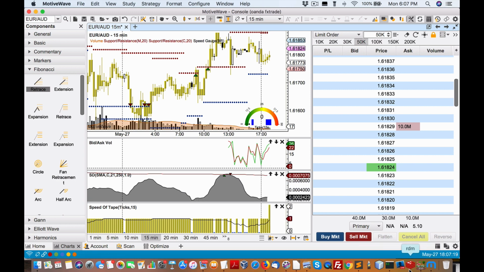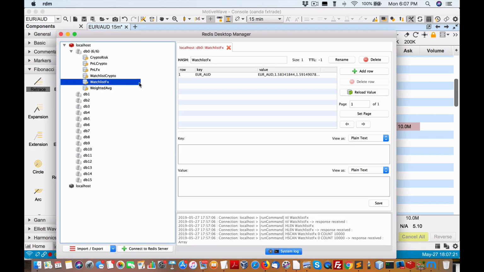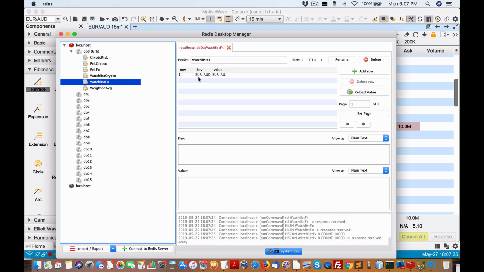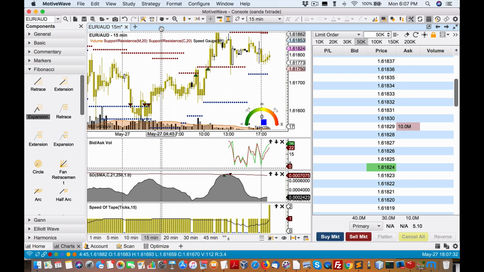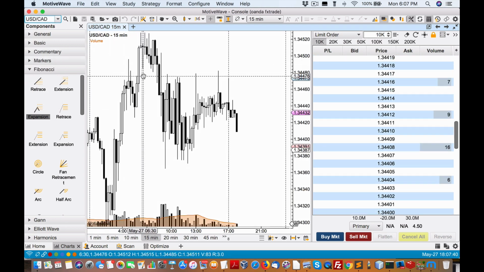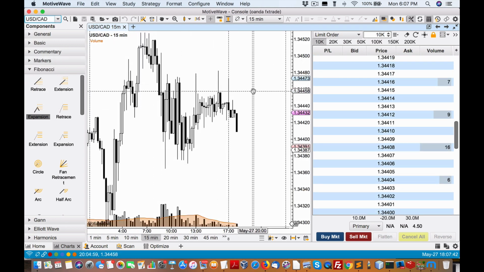Another pair that I was watching. Let's see, Euro. That's the only one on the. Another one that was interesting earlier today was the pair U.S. dollar against the Canadian. So we've lost that.